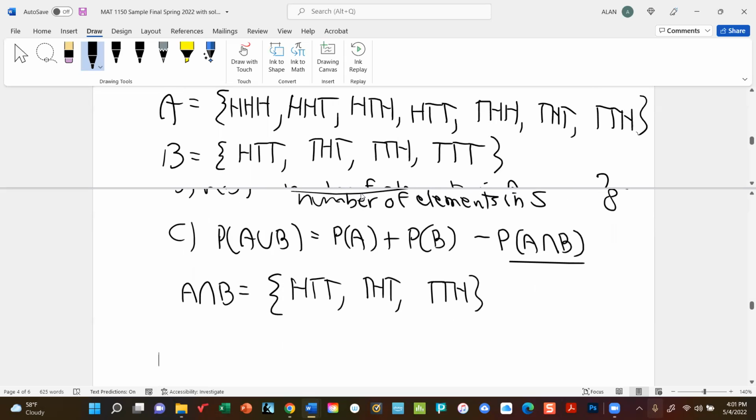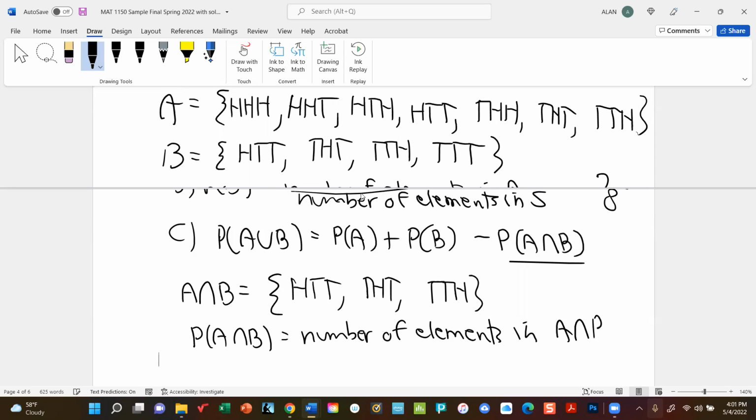So the probability of this set is the number of elements in the intersection, A intersect B, over the number of elements in the entire sample space. So that would be 3 out of 8.